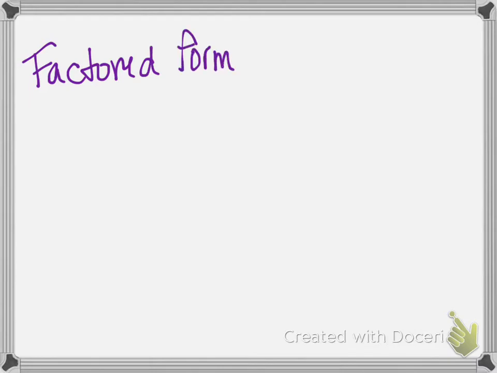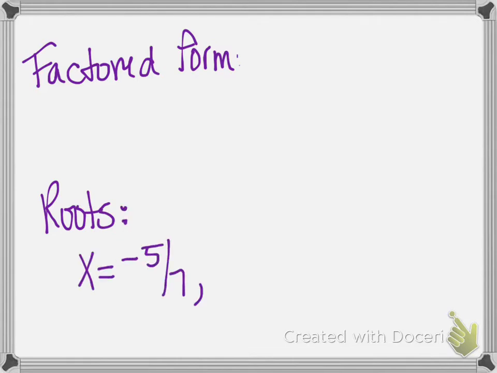So I can write this in factored form if I want. And I know my roots. So the roots are what they're asking for. X equals negative 5 over 7, square root of 7, or negative square root of 7.